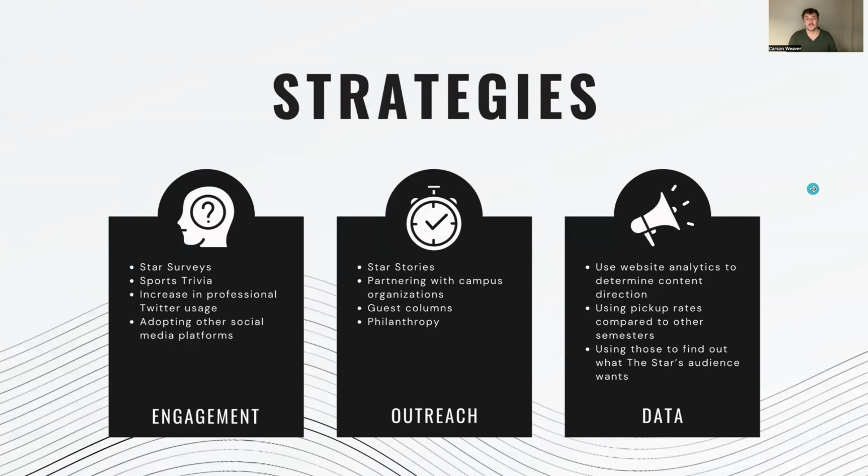So here are some strategies I used for this project. I use a three-pronged system with engagement, outreach, and data. The engagement and outreach are the qualitative part of the project, and the data is the quantitative.